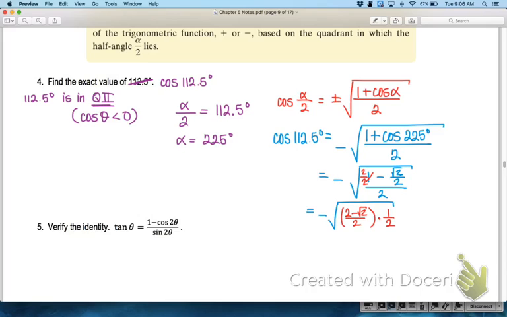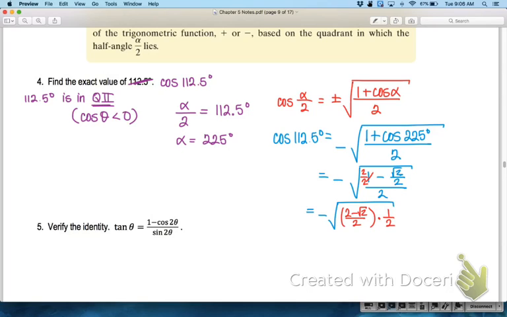That's the keep, change, flip piece. If we're going to divide by 2, that means we're going to multiply by 1/2. Do you see that or no? We have 2 minus the square root of 2 over 2, all over 2, which means we're going to multiply by 1 over 2.